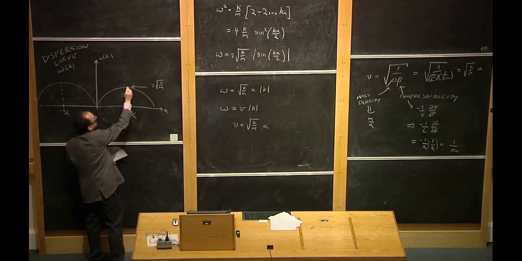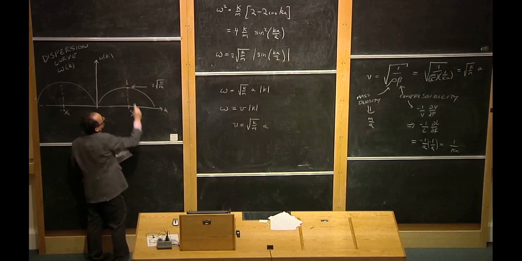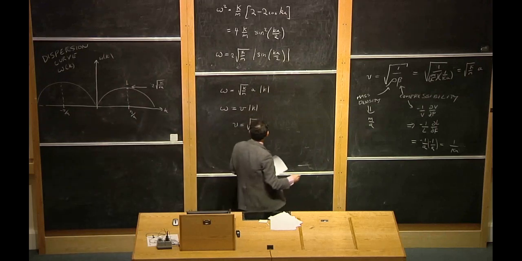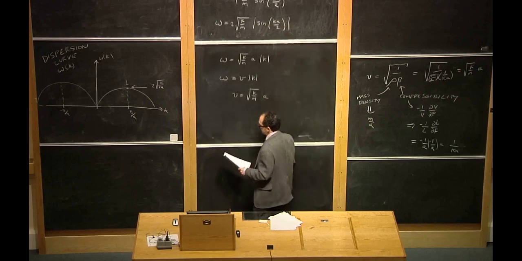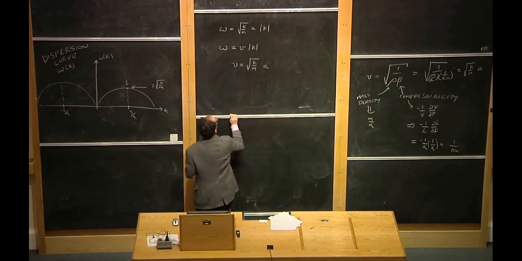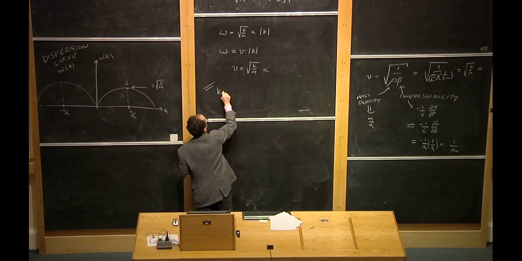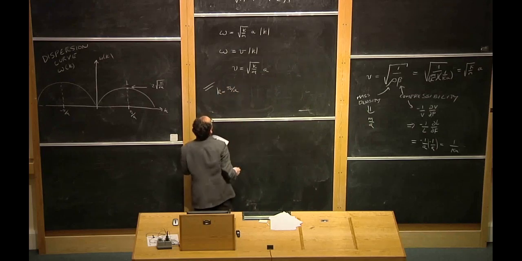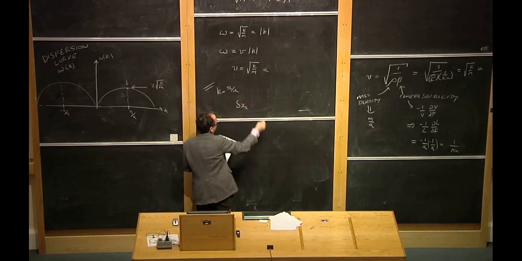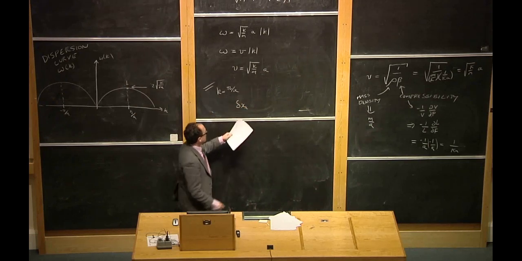It's worth looking a little bit more closely at this point here, which is the highest frequency excitation, highest frequency normal mode. So that occurs at k equals pi over a. And how are we going to look at that more closely? Well, let's write down what the waveform would be.